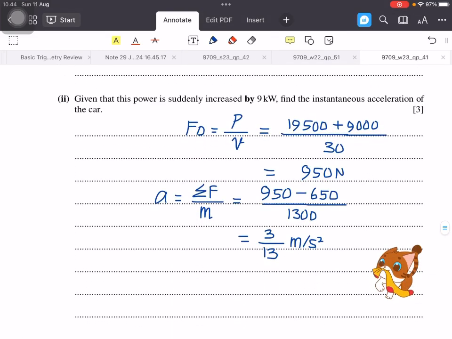II. Given that this power is suddenly increased by 9 kilowatt, find the instantaneous acceleration of the car.